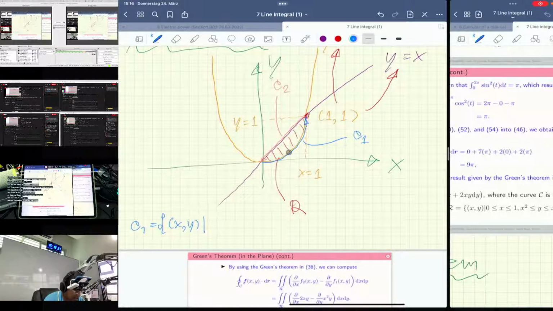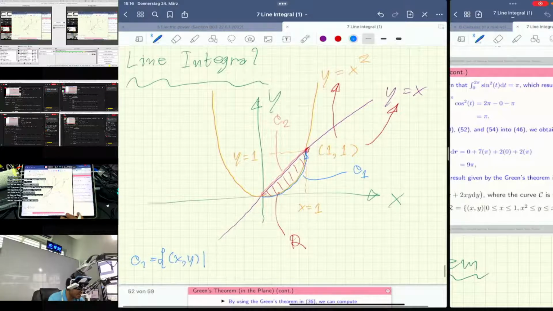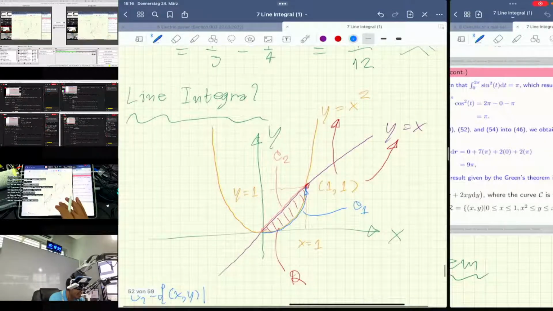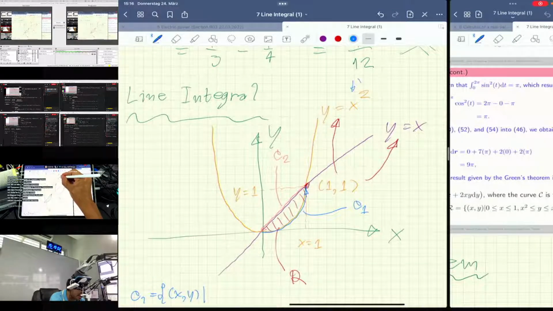So once your x is t, you will get y as t squared.